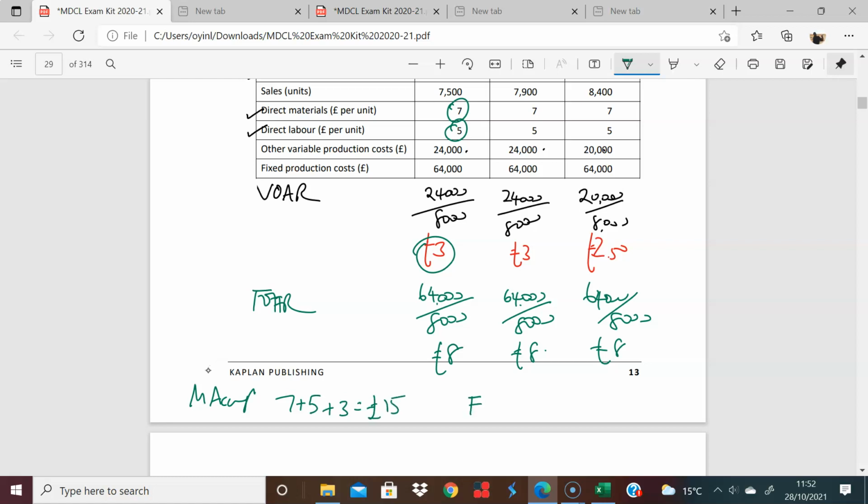From a full absorption costing point of view, I have everything as it was plus the 8. So 7 plus 5 plus 3 plus 8, which is equal to 23. Hopefully you can see where those figures have come from. In full absorption costing, we consider the fixed overhead absorption rate per unit and include that as we go along.